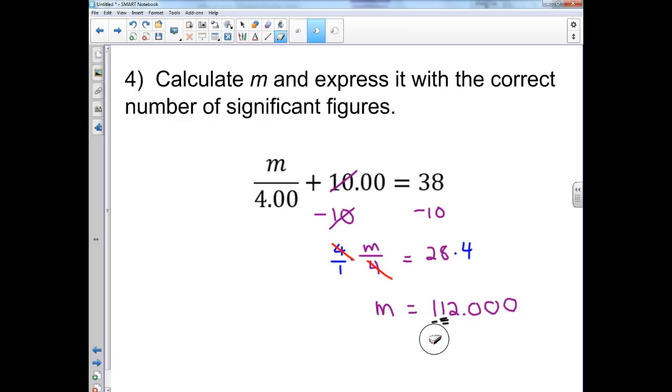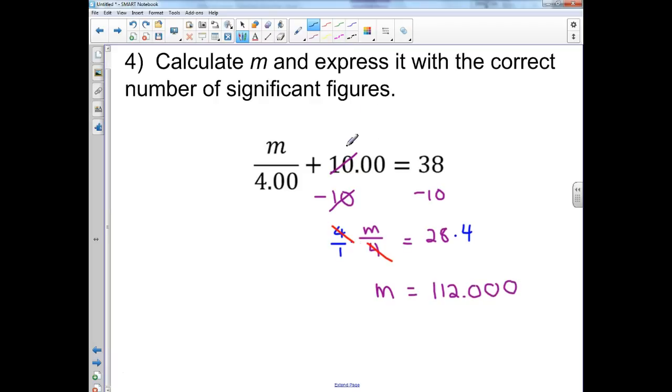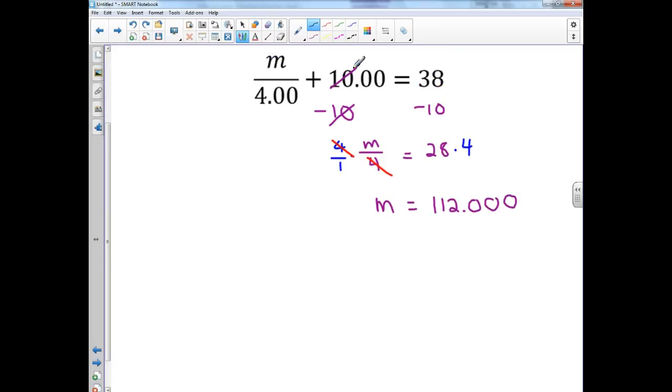Well, to figure it out, we have to solve the problem a second time. And when we solve it a second time, we have to use sig figs in every single step. So here's what I mean. M over 4.00. The first thing I do is I take 38 minus 10.00.